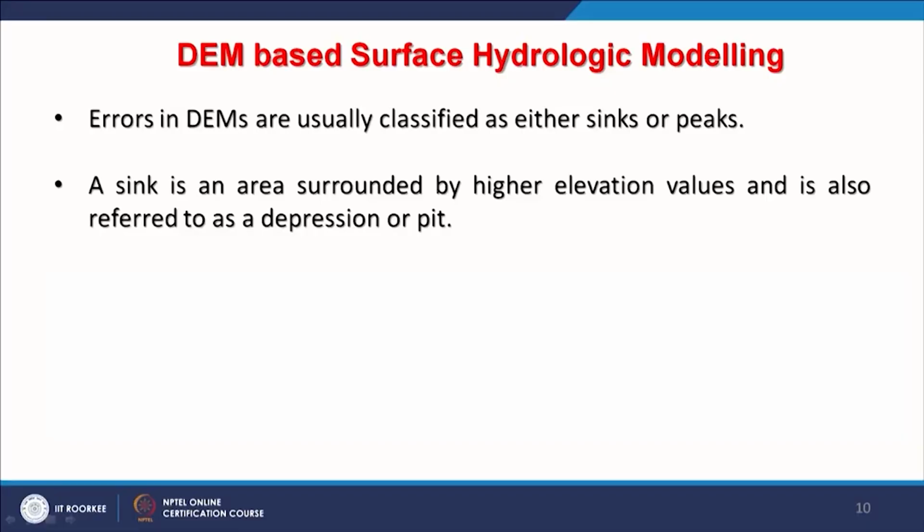Now, there is one type of error which can be rectified by first identifying sinks or peaks or depressions and then filling them. So, part of the problem is already solved, and the rest will depend basically on the spatial resolution. And a sink, as I have already explained, is an area surrounded by higher elevation values.